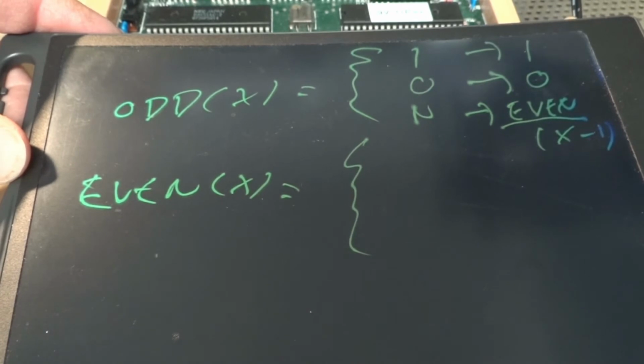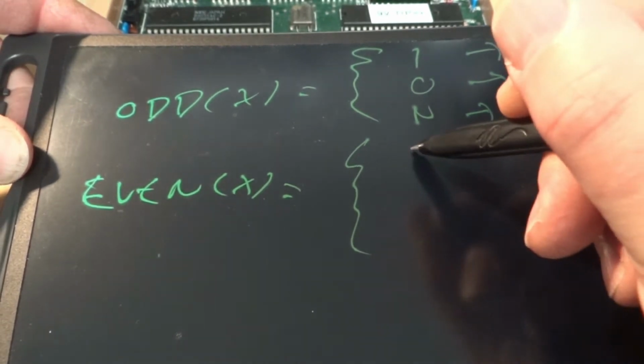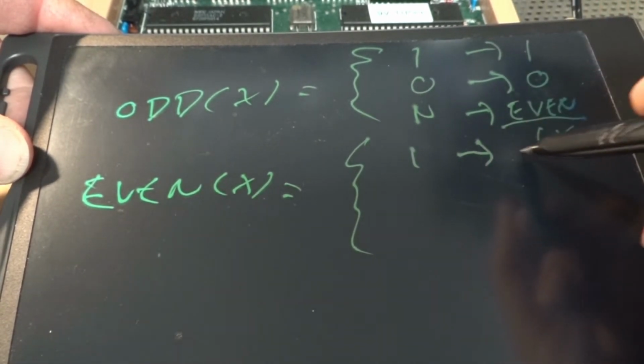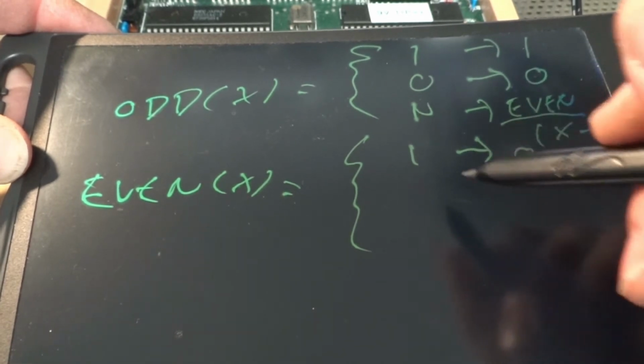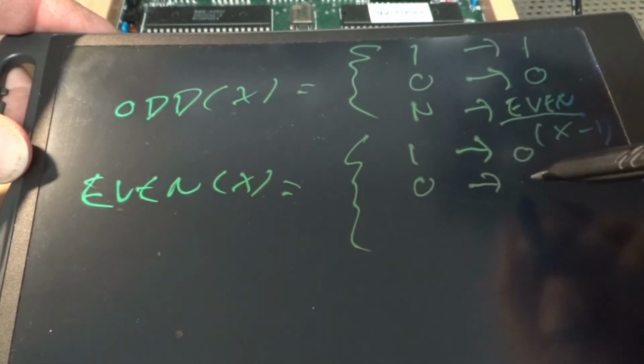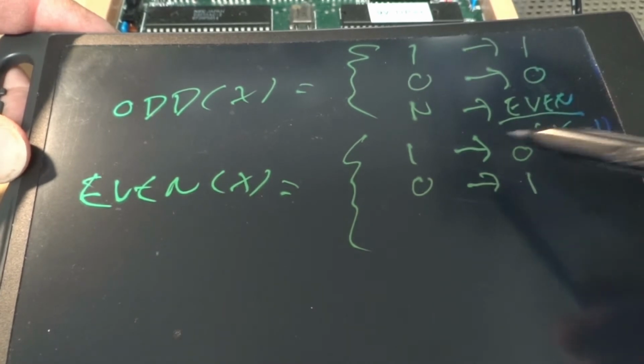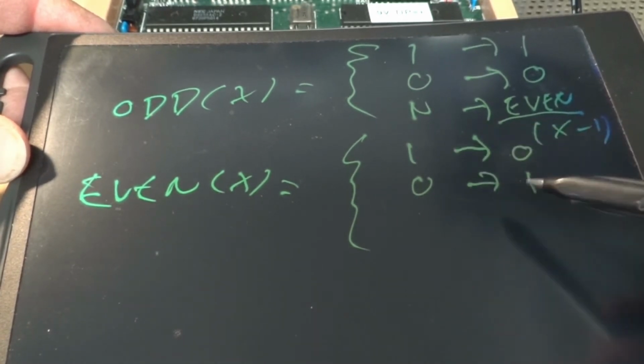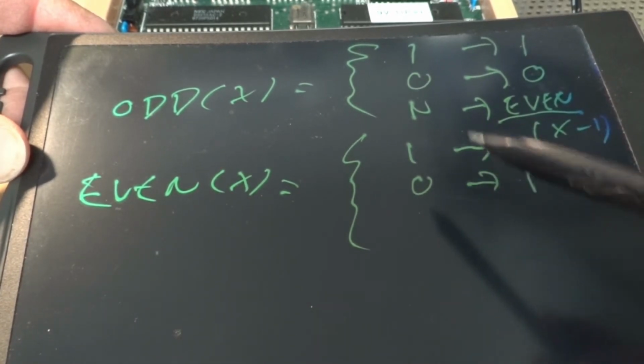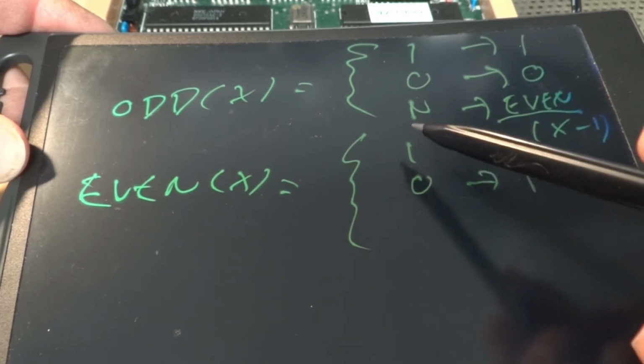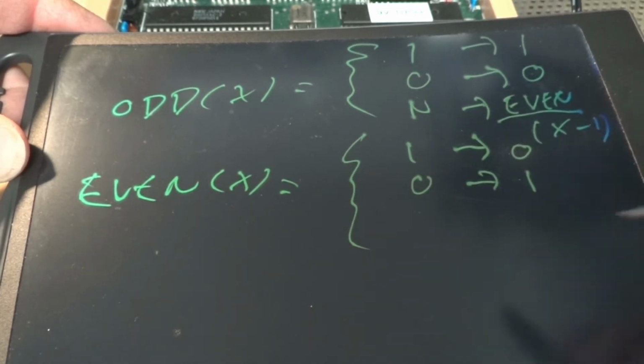But the case analysis for the base cases is now again for 1. The result is 0 because it's not even, right? For 0, the result is 1, right? And you can see that for the base case, you can achieve this by simply subtracting the argument from 1, basically, right?